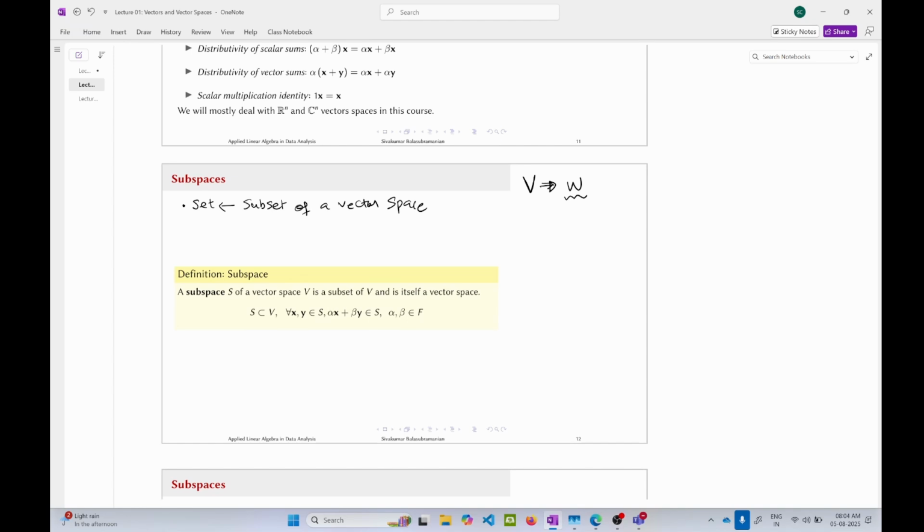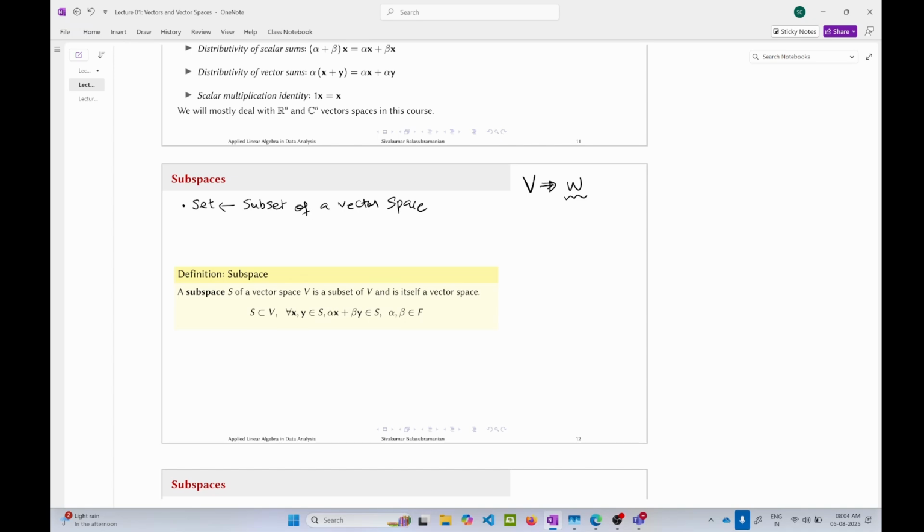Now we can ask, well, this property of whether something is a vector space or not is something that you assign to a set. And W is a set. So I can ask, is W a vector space? It doesn't matter that W comes from another, bigger vector space. W itself is a set, so I can ask, is that a vector space? And how would you verify if W is a vector space?